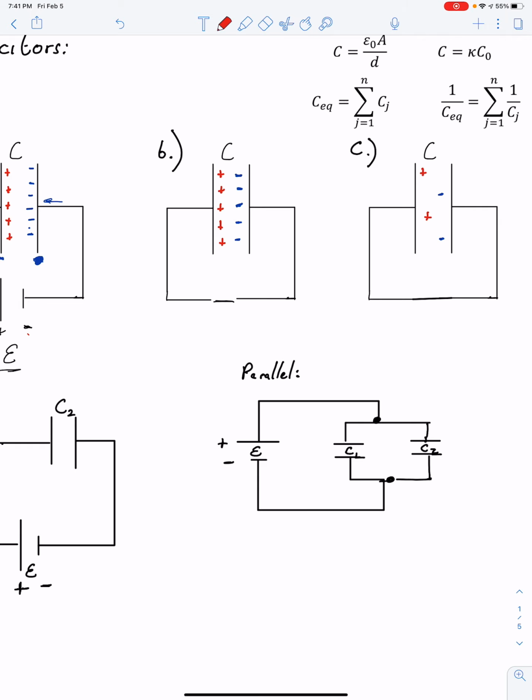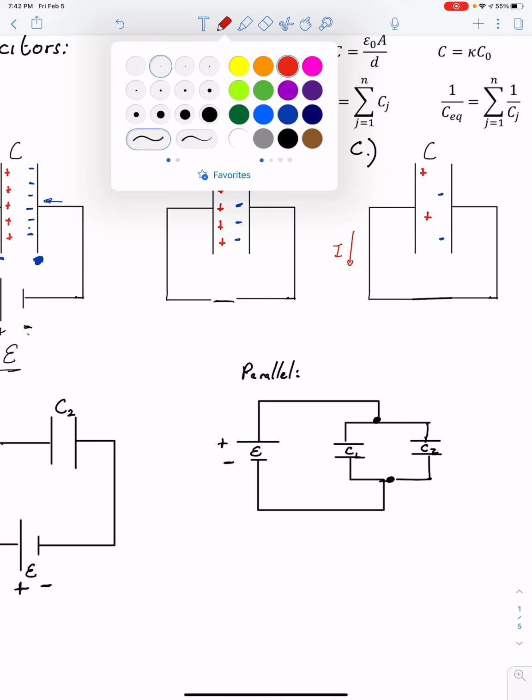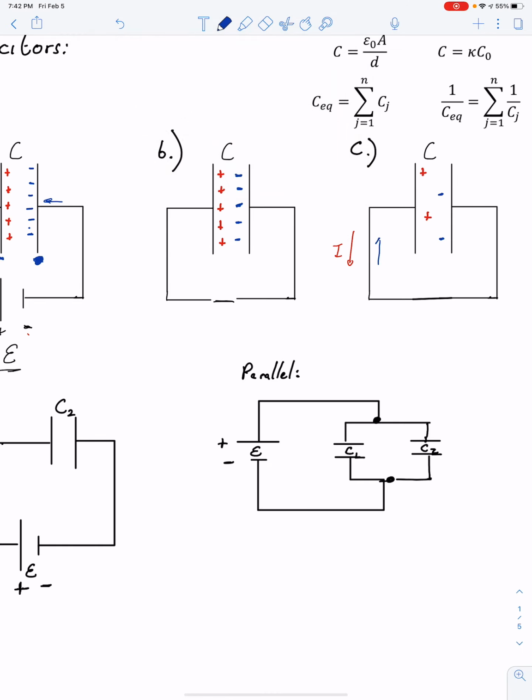Now, as I said before, current is a convention. What's actually happening is electrons are moving. So once we connect it again, electrons will start moving from the negative side of the plate to the positive side of the plate.